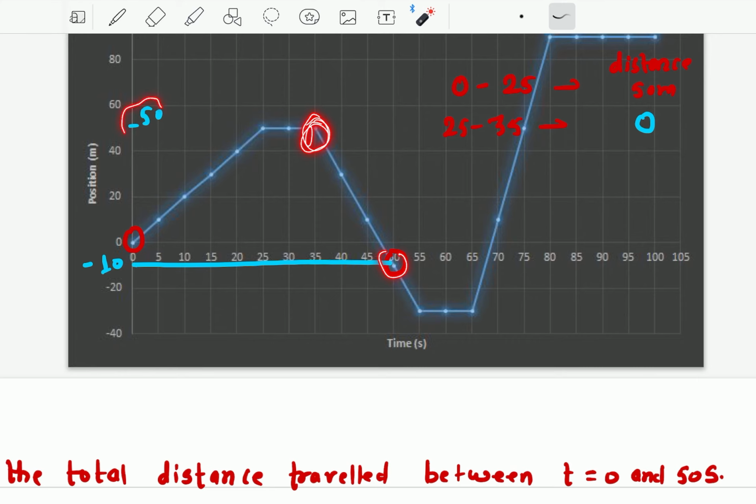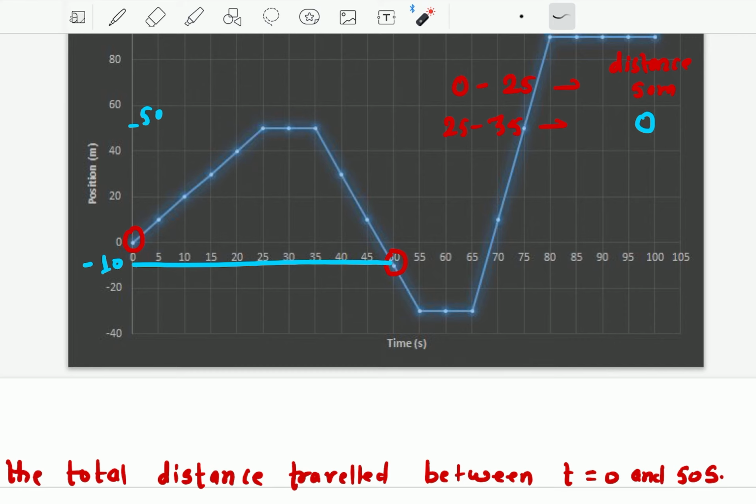The total distance traveled is 50 plus 10. Remember, the distance cannot be negative, the distance is always positive. So this is the actual path you travel.